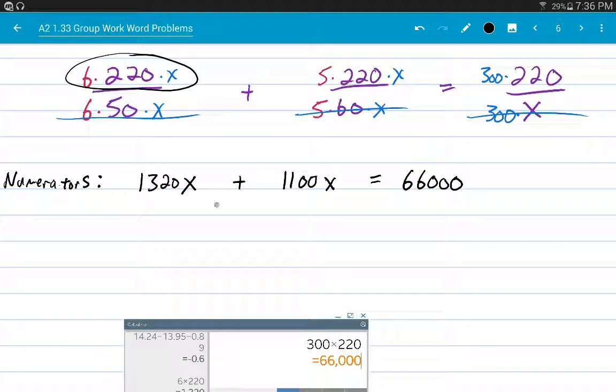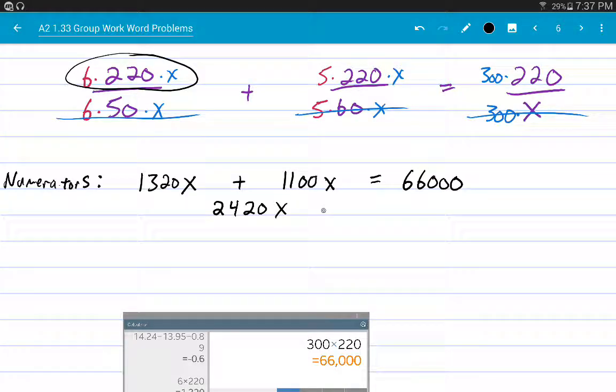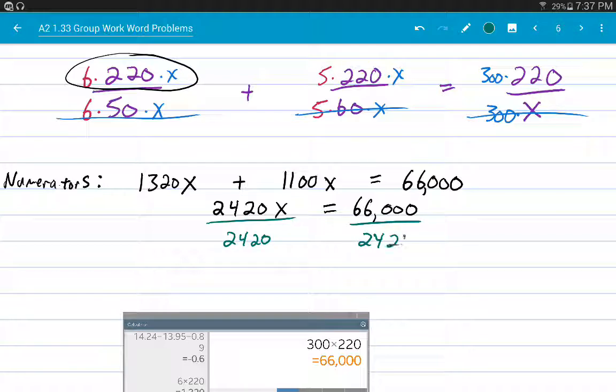I'm going to combine these on the left, 1320 plus 1100, that's going to be 2420 x's is equal to 66,000. And now I just need to divide by the coefficient, 2420, on both sides.